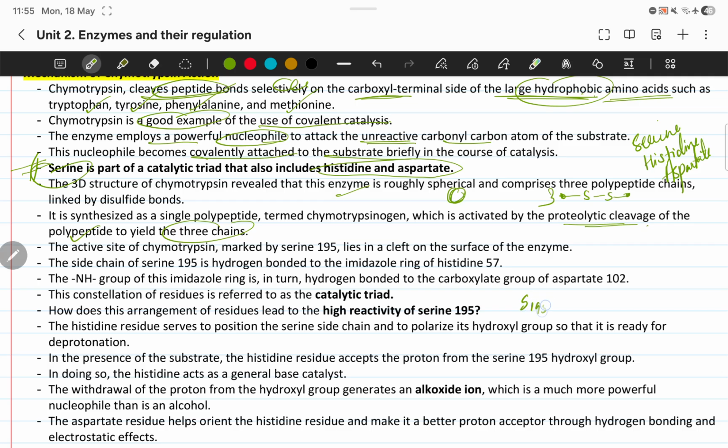Serine is hydrogen bonded to histidine through the imidazole ring, and the NH portion of this imidazole ring is connected to aspartate through an H bond. This constellation of residues is referred to as the catalytic triad.